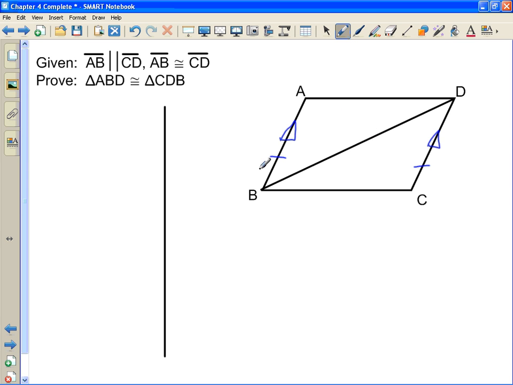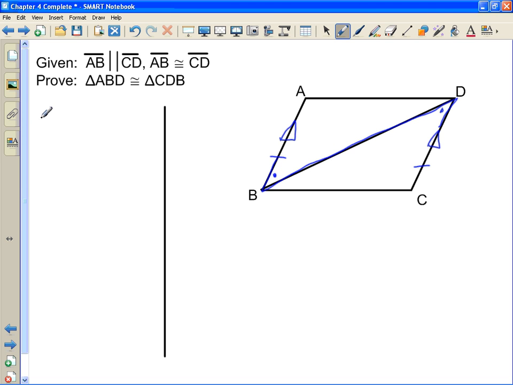So this transversal, okay, if I look at this angle and this angle, I've got an angle in this triangle and an angle in the other triangle. And if I look at my transversal, those would be alternate interior because they make the Z together. It's a little trick from last chapter.